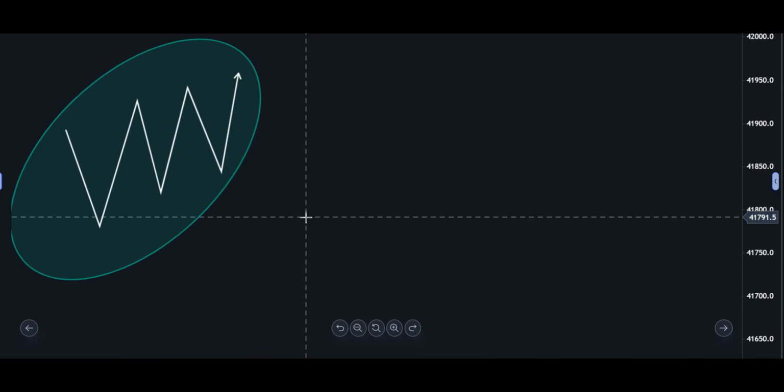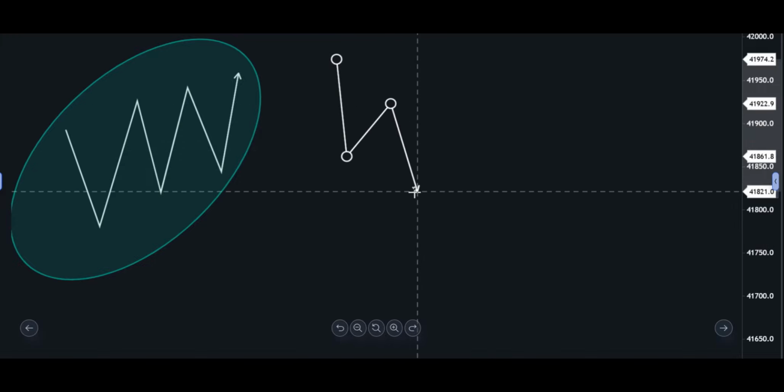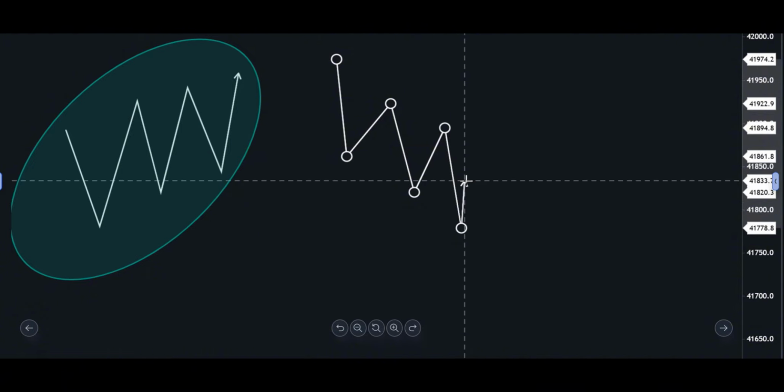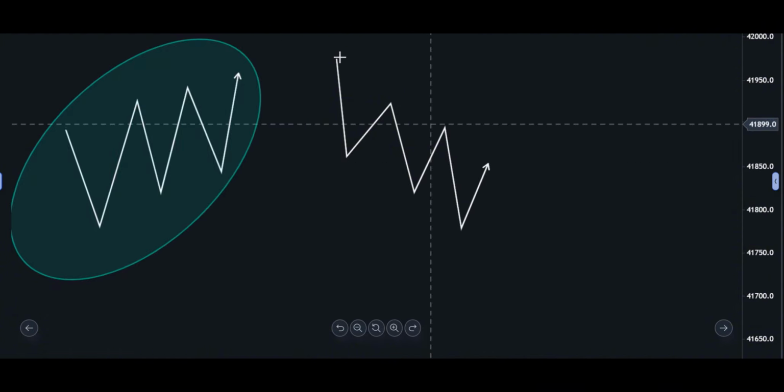So I'll give you another illustration again. Supply, demand, supply, demand, supply, demand. So now this is a market structure.